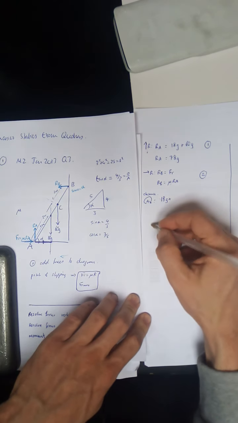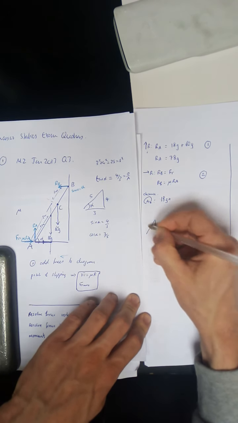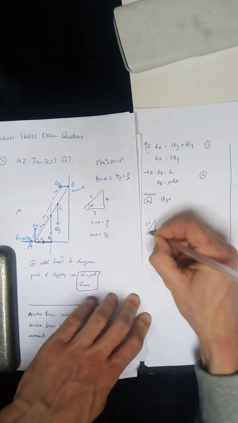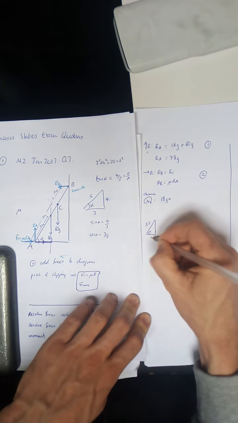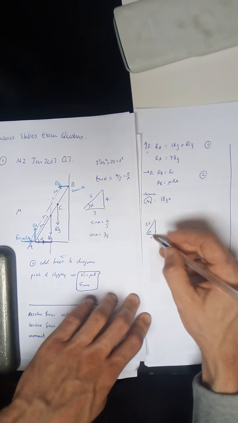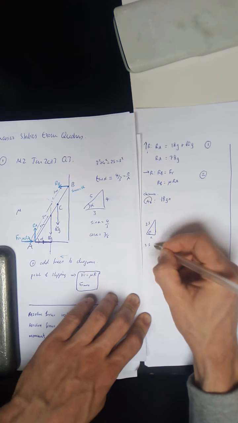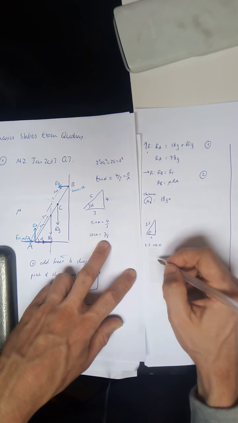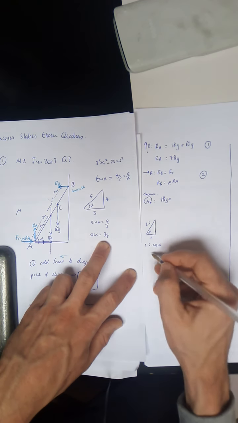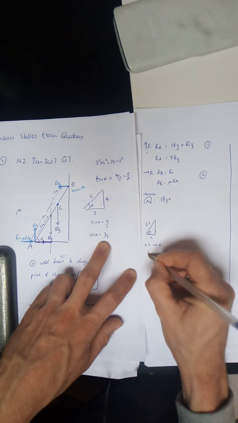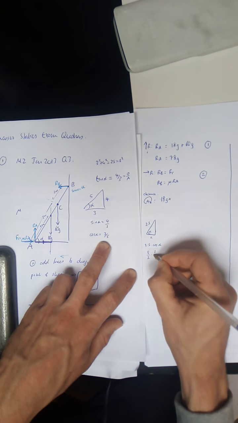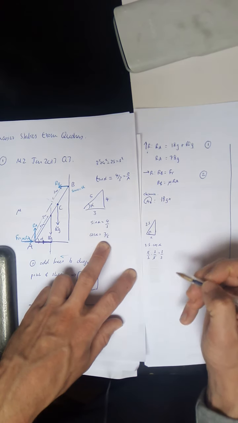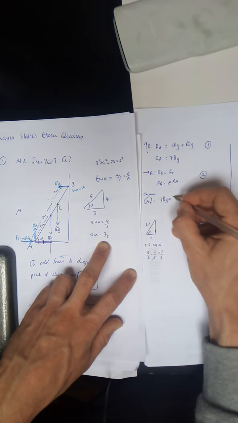That's 2.5 meters, and that's alpha, and we want to know this distance here. It's adjacent, so it's cos, so it's going to be 2.5 times cos alpha. We know cos alpha is 3 over 5. 2.5 is 5 over 2, so that's 5 over 2 times 3 over 5. That will cancel with that, and we get 3 over 2. So that's going to be 18g times 3 over 2.